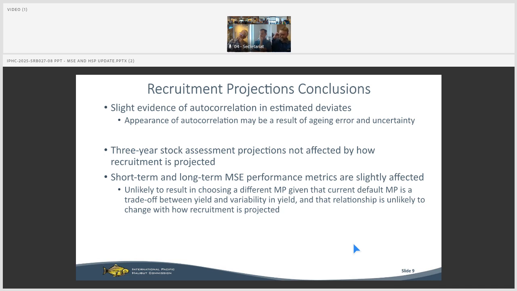I don't think it's going to result in the choosing of a different management procedure, but I can't say whether or not that's the case, because it's really going to be that trade-off between yield and variability. But it's something that we can certainly test.